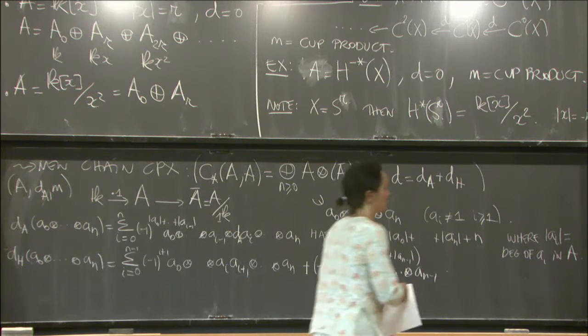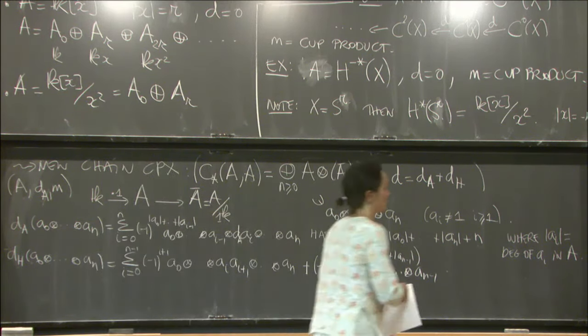What works is d_A of A_0 tensor and so on. You have to make a choice. We can do d_A of it plus minus 1 to the n times d_H of it. That works. My sign has to depend on one of the two degrees.